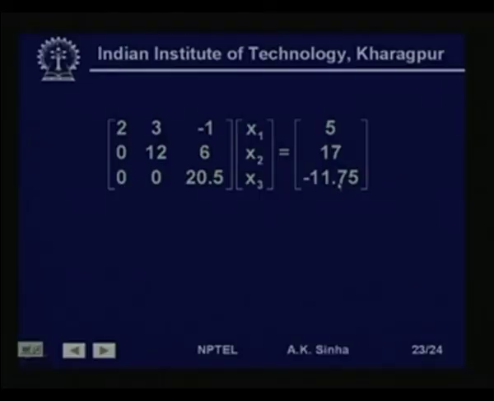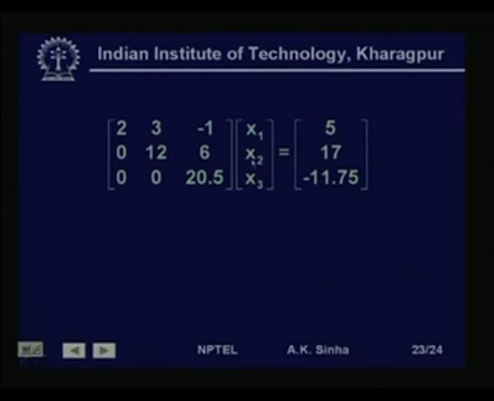So, x_3 is equal to minus 11.75 divided by 20.5. Once we know the value of x_3, then from this equation we have 12 x_2 plus 6 x_3, where we can substitute the value of x_3, is equal to 17. So, that can be brought on this side, then we have 12 x_2, and dividing this side by 12, you will get the value of x_2.